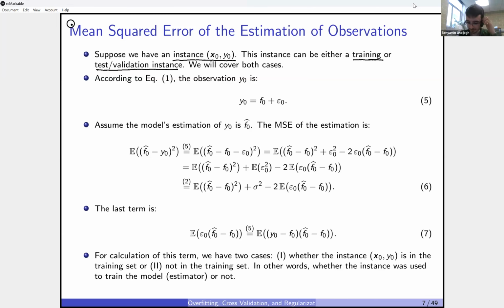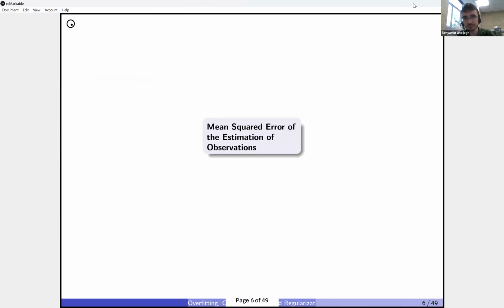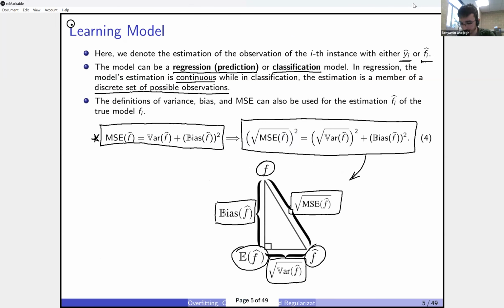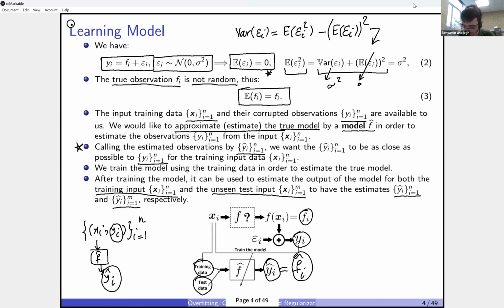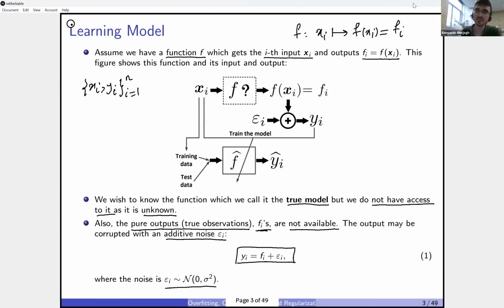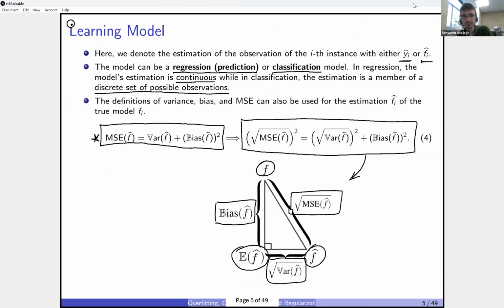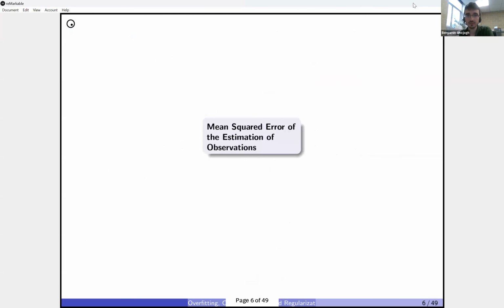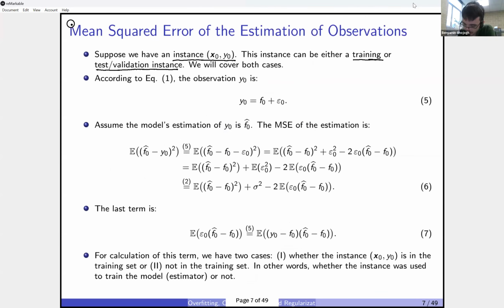According to equation 1, what was equation 1? Let's go back and see. This was equation 1, where we said yi equals fi plus epsilon i. The labels, the training data points that we have, are the true labels, which you don't have, plus some noise, all right? So here, now I can say it for the x0 and y0.